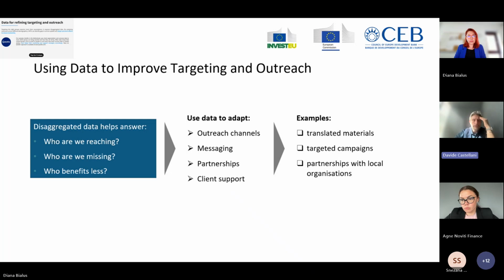And then the idea is to monitor targeting effectiveness. For example, you can observe that thanks to the changes you have made, you have increased the share of Roma people from 8% to 15% in your portfolio. Okay.